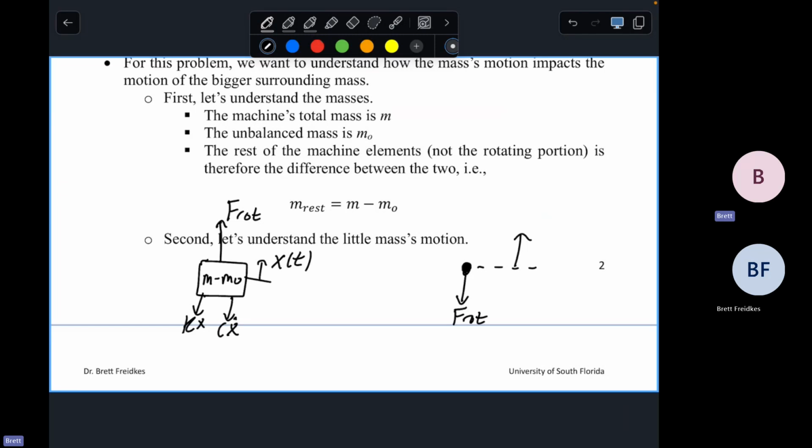In a general sense, what two things are contributing to its position? Well, sure, that's the rotational part, right? Yeah, it's based on the angle.